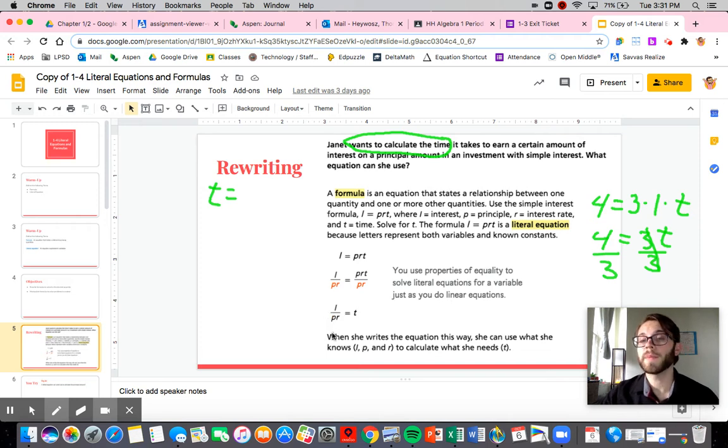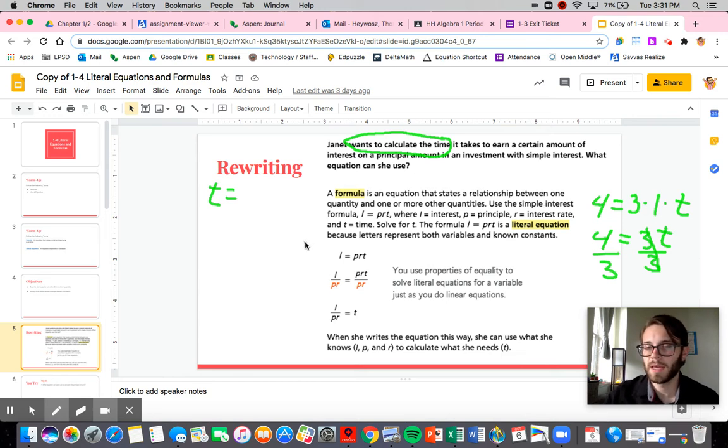And the reason we might want to do this is, as it states, if we know what the interest, the principal, and the rate are, then it's already in the form that is going to give us what t is equal to. If we didn't know it in this form, we could plug it in, but then we'd have to go through a number of other steps.